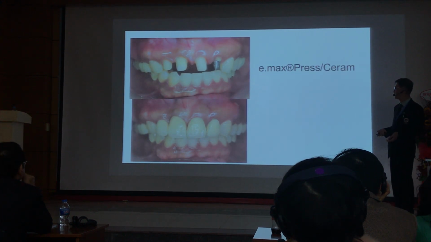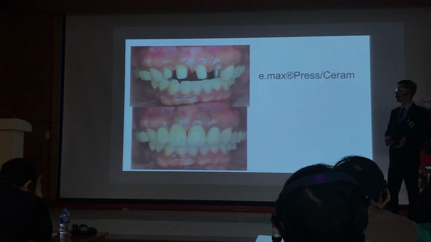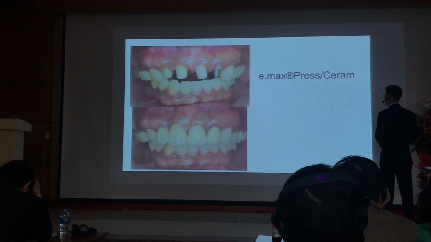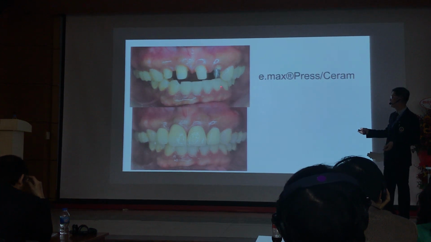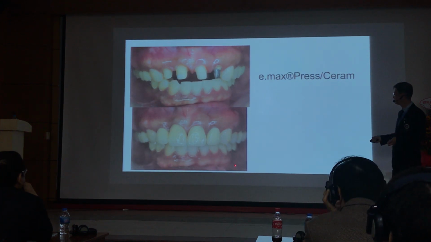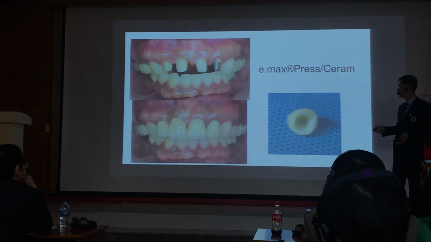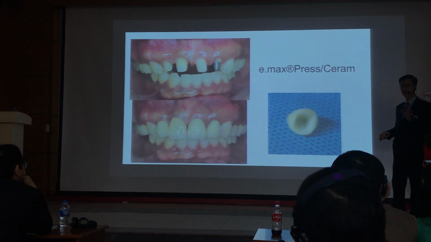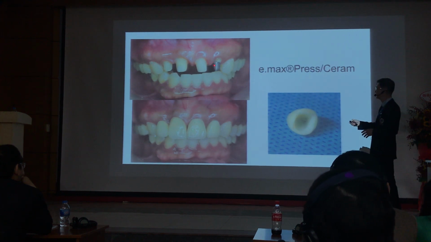And this one is one of my cases, and I have a problem with it. But right now you don't need to worry about it that much, because the lab can do something about it. If you want to cover the metal with Emax, sometimes you can do it, but the color is going to look a little bit white because of the nature of the structure. They're going to use a very opaque ceramic underneath. Right now there's no problem with the metal over here.